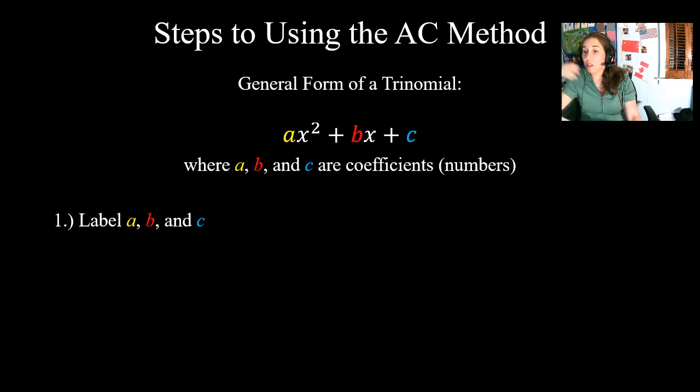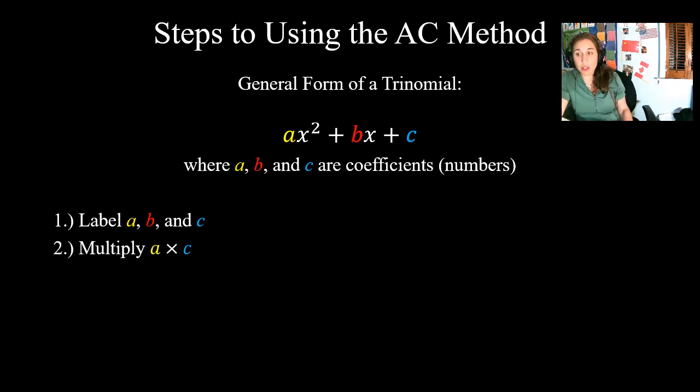So when we use the AC method, these are the steps we're going to take. The first step is to label our coefficients a, b, and c. The second step is to multiply a times c. Whatever those numbers are, we'll multiply them together.